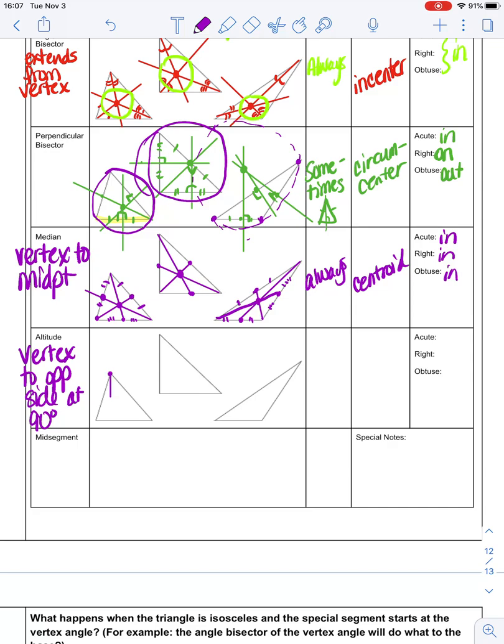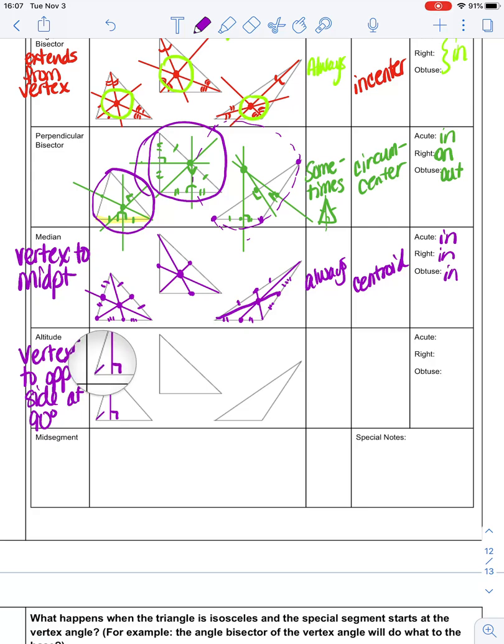So it extends from the vertex and goes to the opposite side at a right angle, where the median goes from the vertex to the midpoint of the opposite side. The perpendicular bisector doesn't necessarily go through the vertex, and it cuts through the midpoint at a right angle. The altitude goes from the vertex to the opposite side at a right angle.